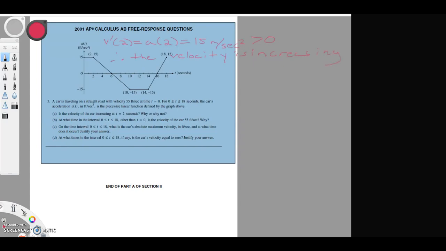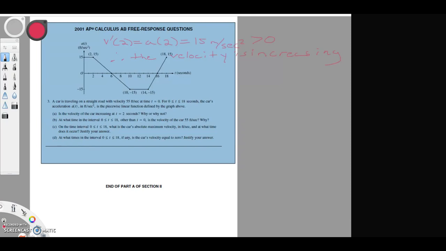Okay, next, part B says: at what time in the interval between 0 and 18, other than t equals 0, is the velocity of the car 55 feet per second? Why? So what you have to think about here is that at the initial time, v of 0 is equal to 55.